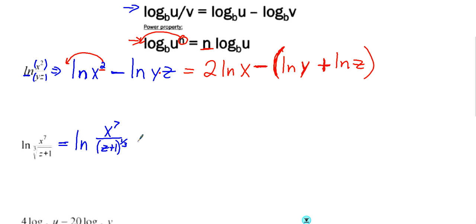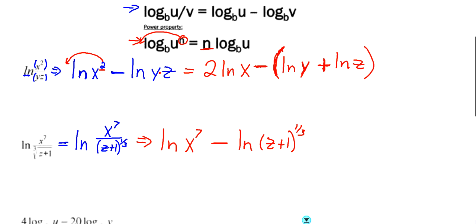So the first step, again, is dealing with this division. So I separate it into two natural logs, one with the x to the 7th, minus the bottom as a natural log of z plus 1 to the 1/3 power.